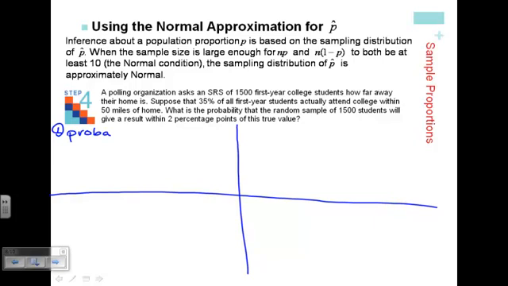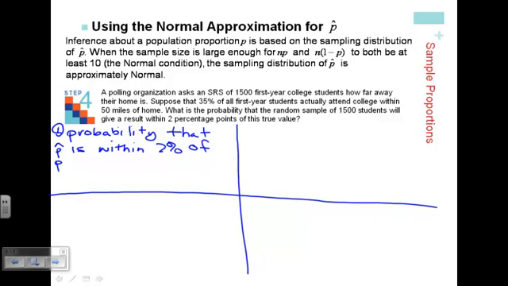Probability that p hat is within 2% of p. I'm not going to say the true value, because p is the letter we use when we talk about the true proportion.